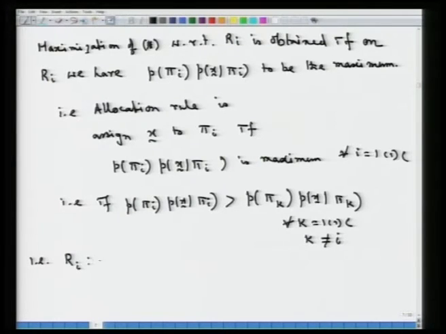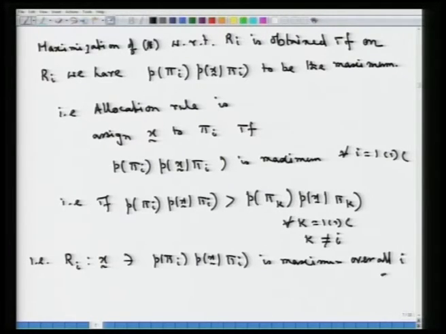So, this is what is going to give us a partition. In other words, R I is the region of x's such that this term p pi I into p x given pi I is maximum over all I. So, that is basically what is going to lead us to this particular region, and hence if we have this as R I, we can construct all the other regions.